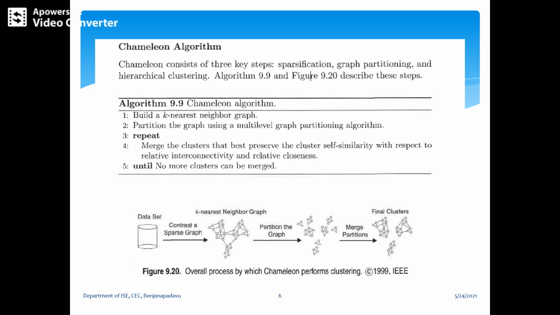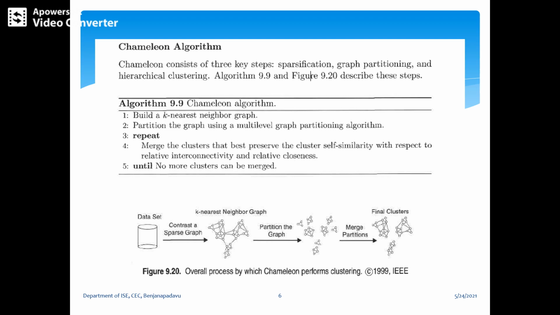That is what this algorithm is about, and this is a diagrammatic representation of the overall process by which Chameleon performs clustering: sparsification, graph partitioning, agglomerative hierarchical clustering, complexity.